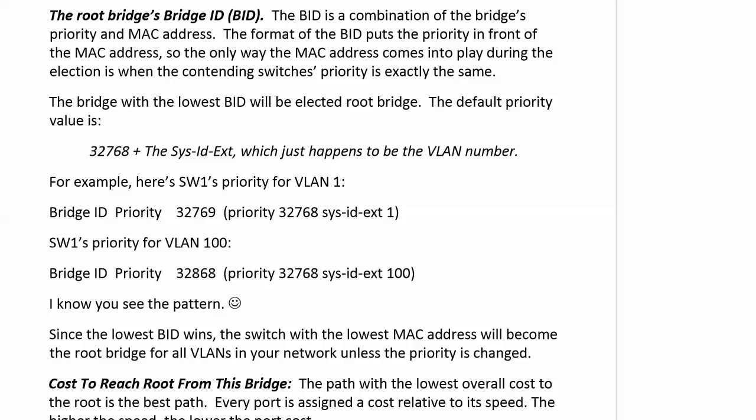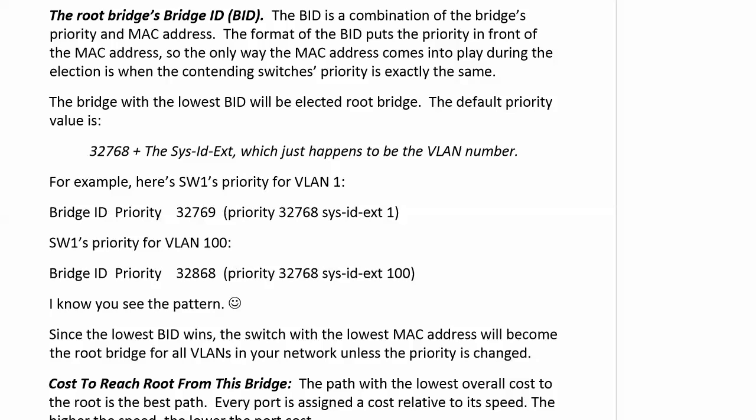The default priority value is a good thing to know. It's 32,768 plus the sysidx, the system ID extension, which just happens to be the VLAN number. So, for example, here's switch 1's priority for VLAN 1. Your switch will have different priorities for different VLANs. I took this from a screen from the switch, and we'll see that in a moment as well.